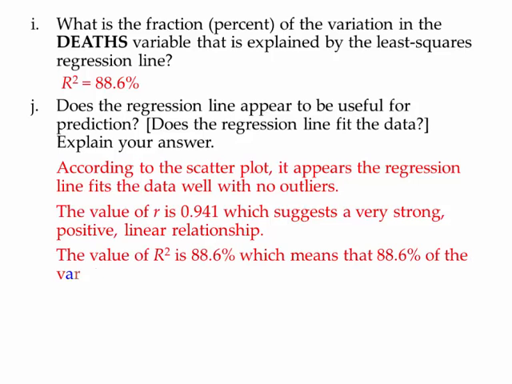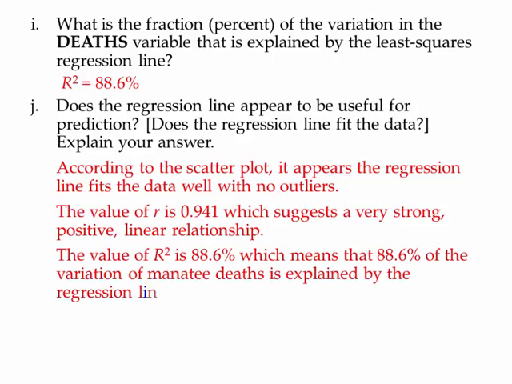The value of R squared is 88.6%, which means that 88.6% of the variation in Manatee deaths is explained by the regression line. So the value of R squared is explaining variation in the y variable, Manatee deaths. So these three pieces of evidence state that this model, this regression line, is useful for prediction.